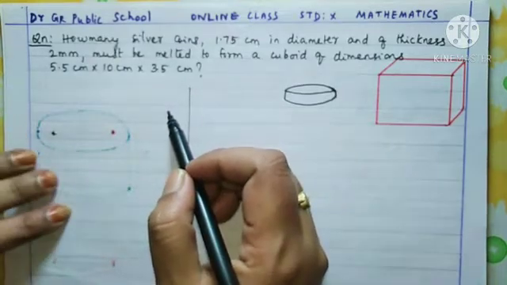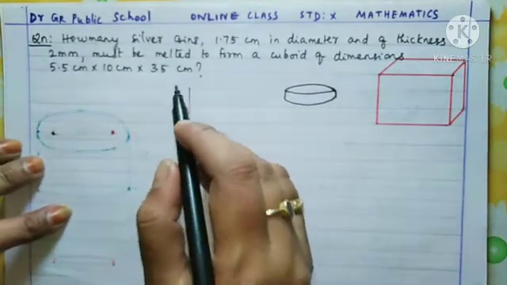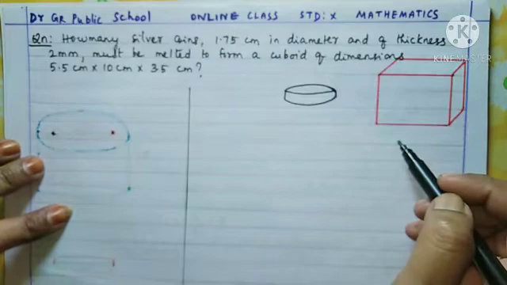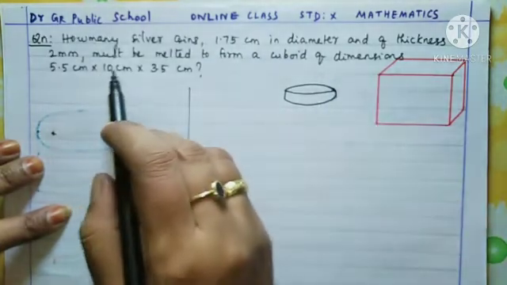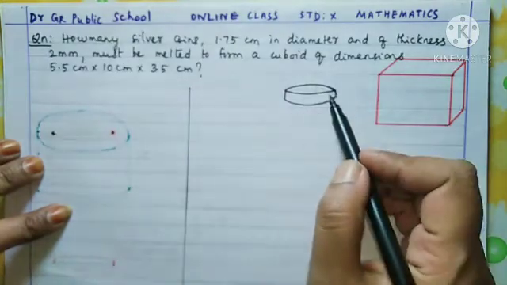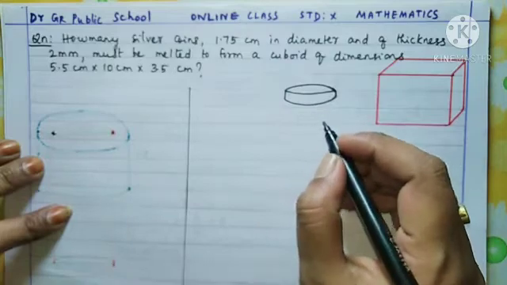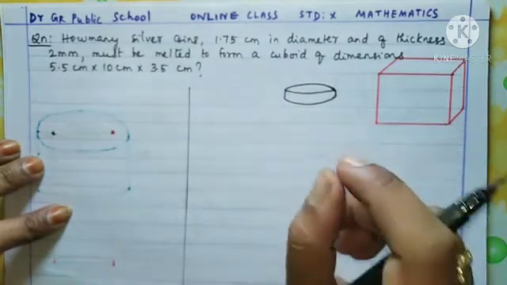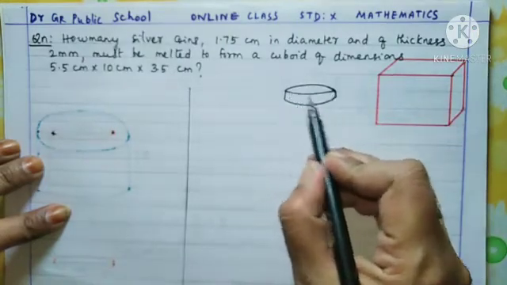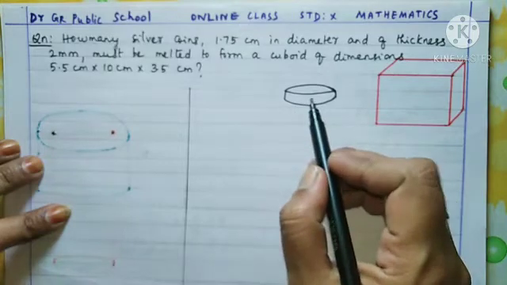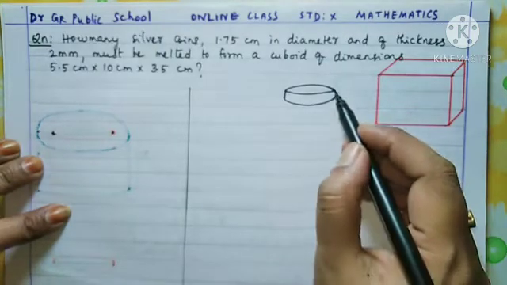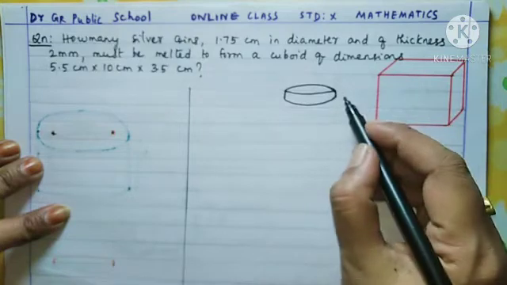Okay, so this is the information given. We need to find out how many silver coins are used to melt and form this particular cuboid. So first we can write down the dimensions, and you see here I have drawn a model of a coin. Whenever you see a coin, if you have not noticed, just take a coin and look at it. We can see a top circle shape and a bottom circle shape, and in between the coin there is some thickness. That thickness is given here as 2 millimeters.